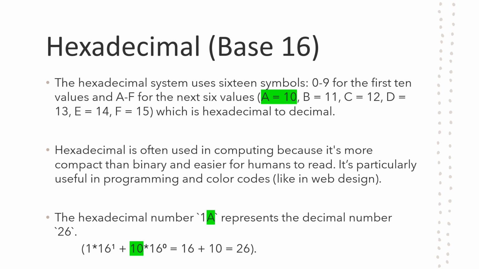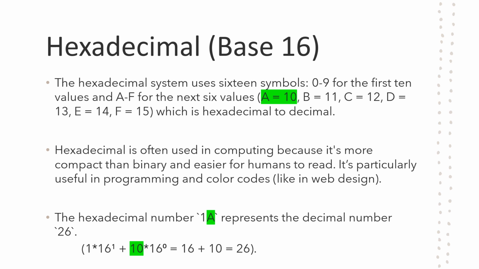So we would take 1 times 16 to the first power plus 10, which is the representative of A, times 16 to the 0 power. So again, we're doing two positions and we're counting down to 0 with the powers. So 16 plus 10 equals 26. That's how we get there.